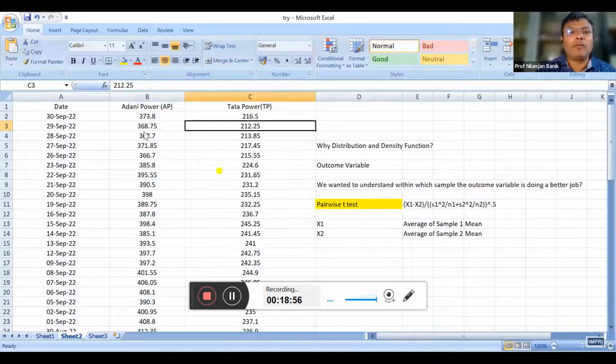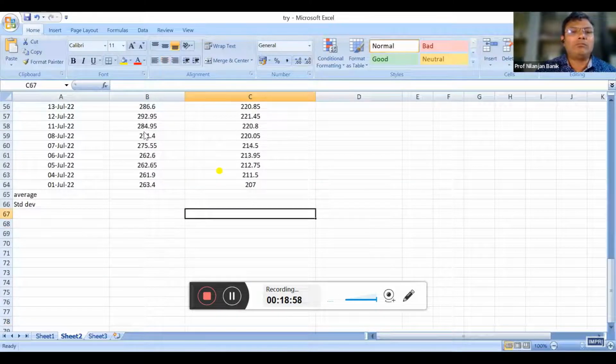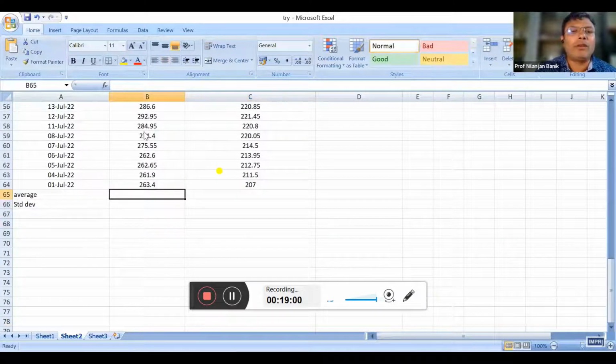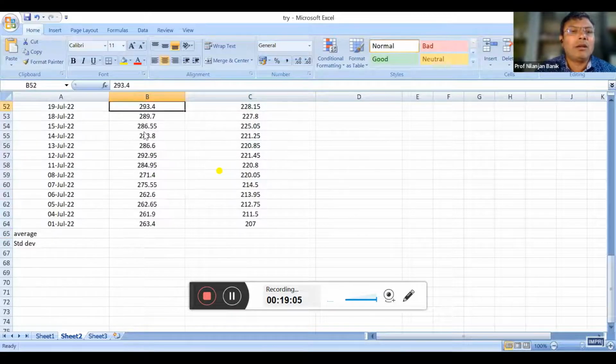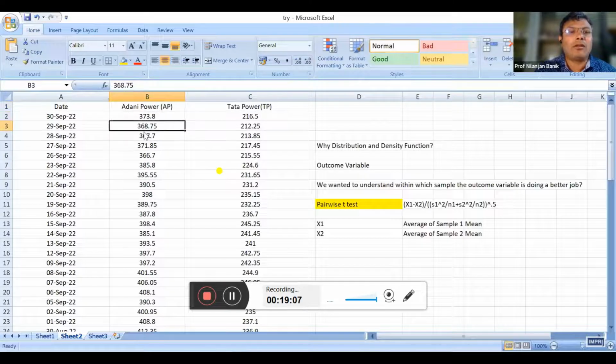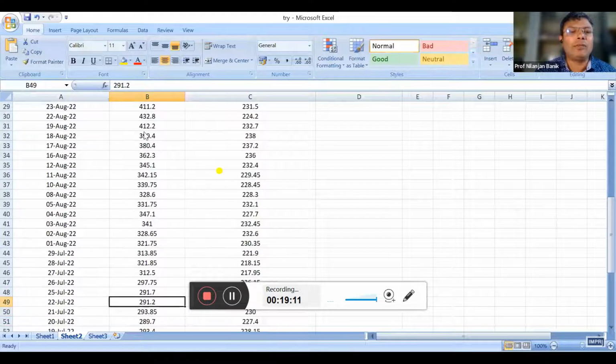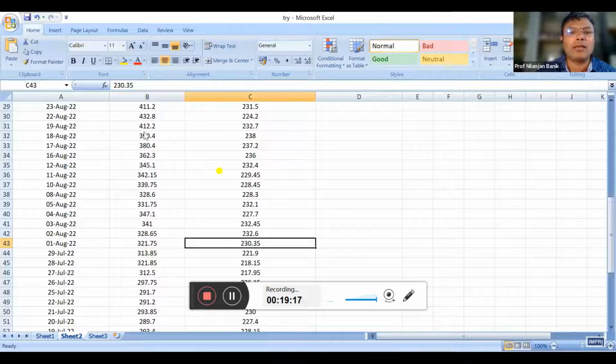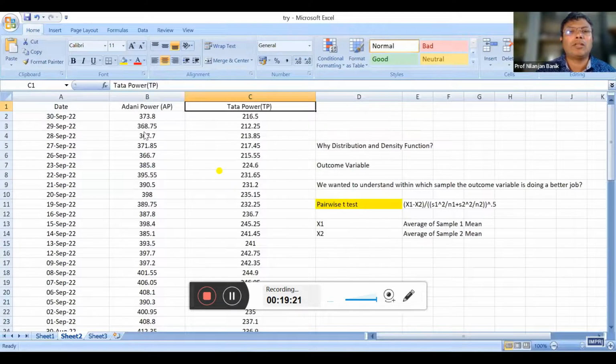Now, coming back to what Purnima says, I don't have to run the pairwise t-test statistics, because you can see that in most of the cases, I'm repeating what I'm saying, the value of Adani Power is higher than the value of Tata Power.